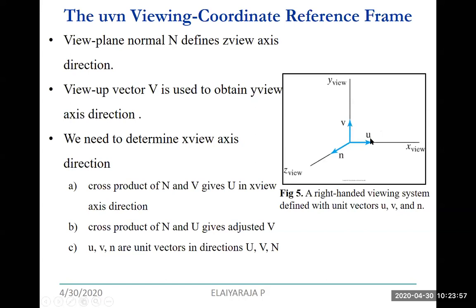So remember, the cross product of v and n gives u in the x view axis direction, then the cross product of n and u gives the vector v. Here u, v and n are unit vectors in the directions of u comma v comma n, and this is the right-handed viewing system which defines your u comma v comma n.